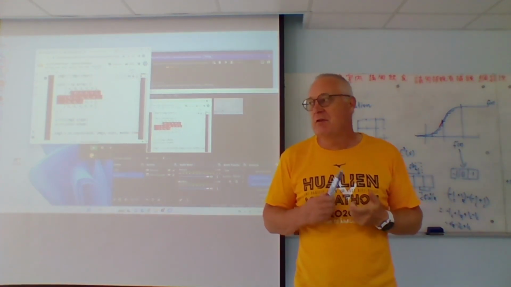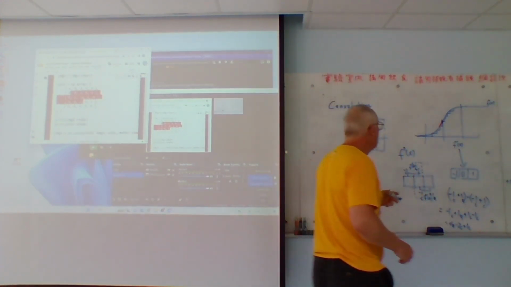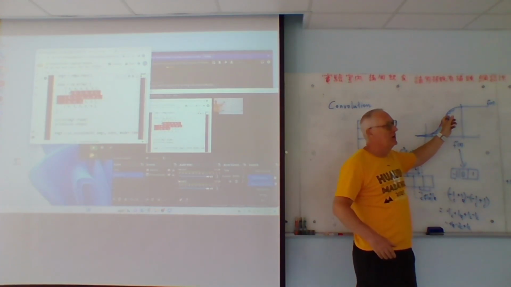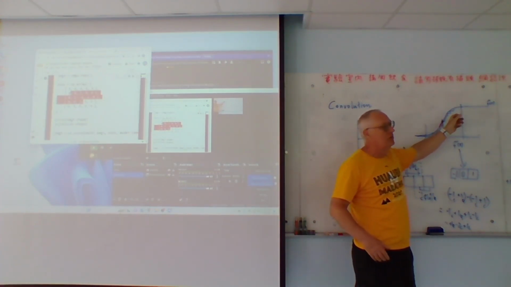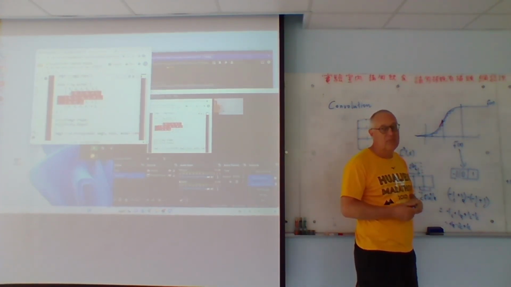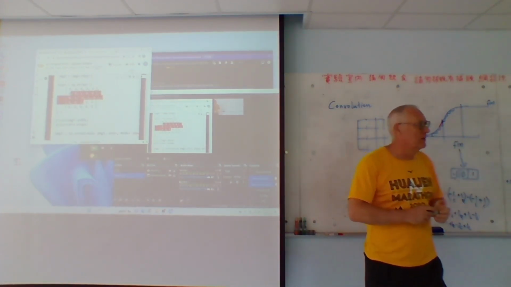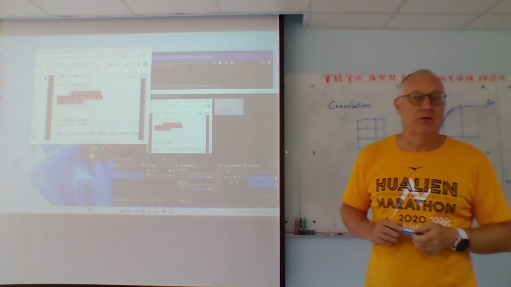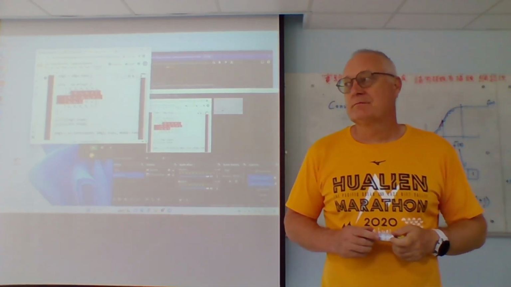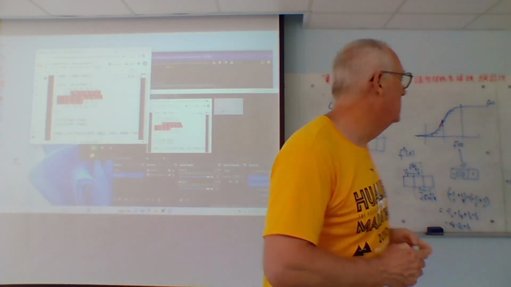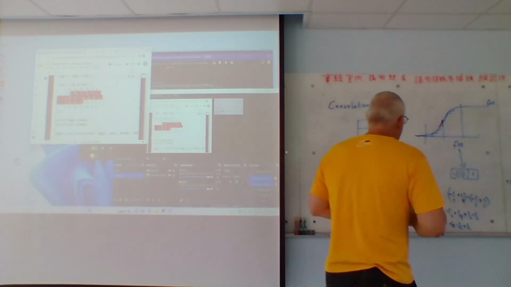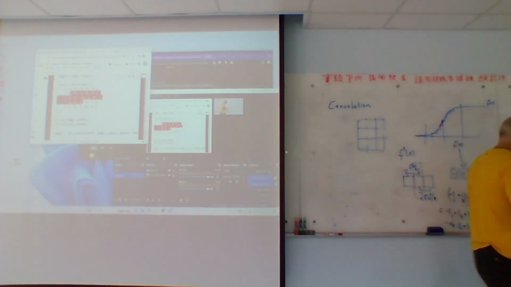So that's why we have a strong response only at this particular point here, where we switch from a left turn to a right turn. As long as you keep turning right, the second order derivative is not going to have a strong response. That's one way of using this second order derivative.